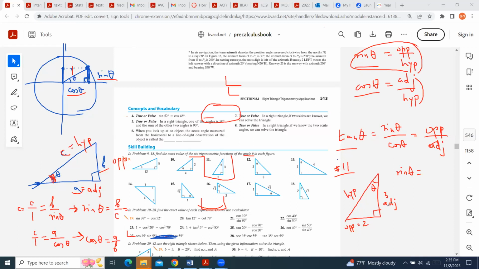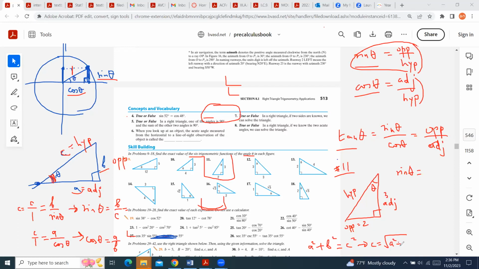Well, we know the Pythagorean theorem, right? So if I recall that in any triangle with a 90 degrees angle, the sum of squares of its sides is equal to the square of the hypotenuse, then c I can pull out as a square root of a squared plus b squared.